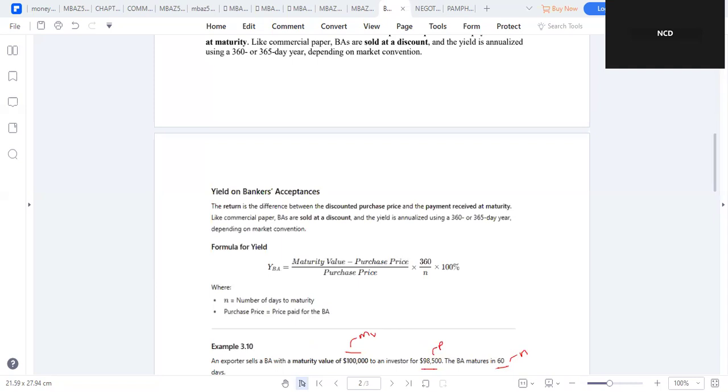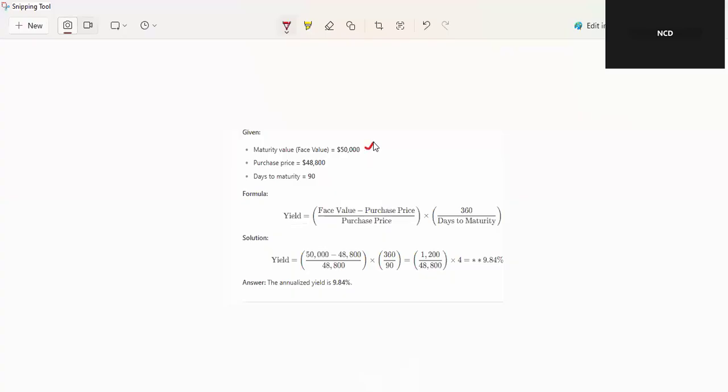So the base here is the purchase price, not the face value. We're given the maturity value, which is 50,000, the purchase price 48,000, and the days to maturity is 90. So the yield is the face value minus the purchase price over purchase price, times 360 over days to maturity. You can put it times 100 if you want to leave it as a percentage.